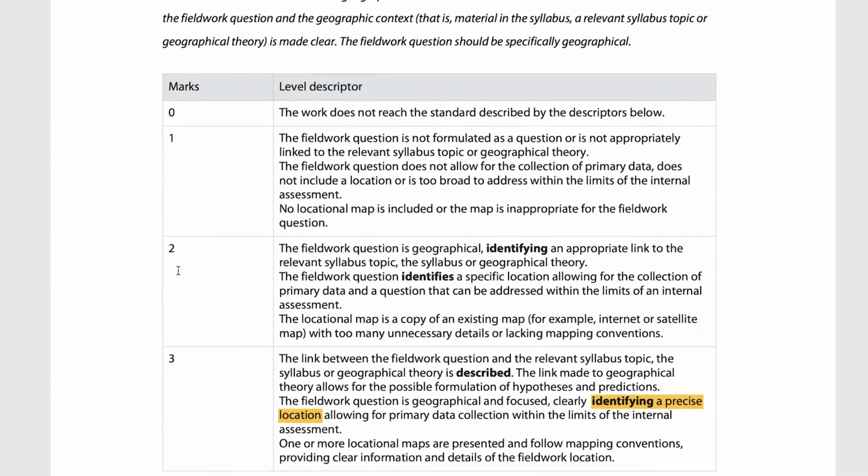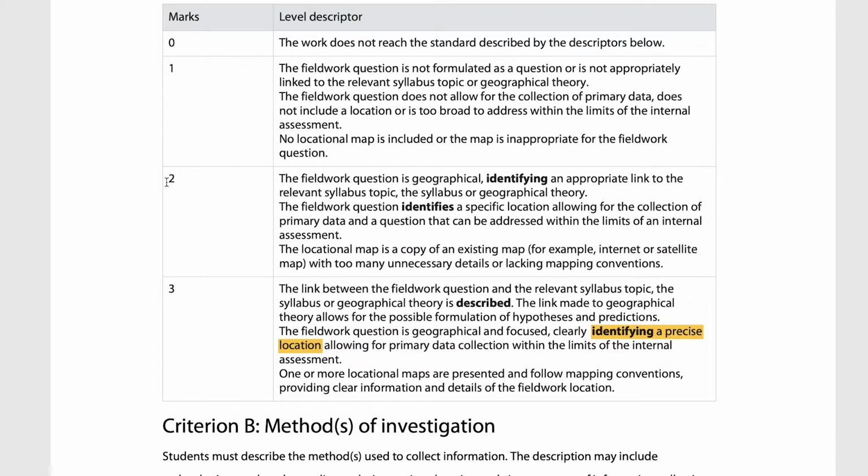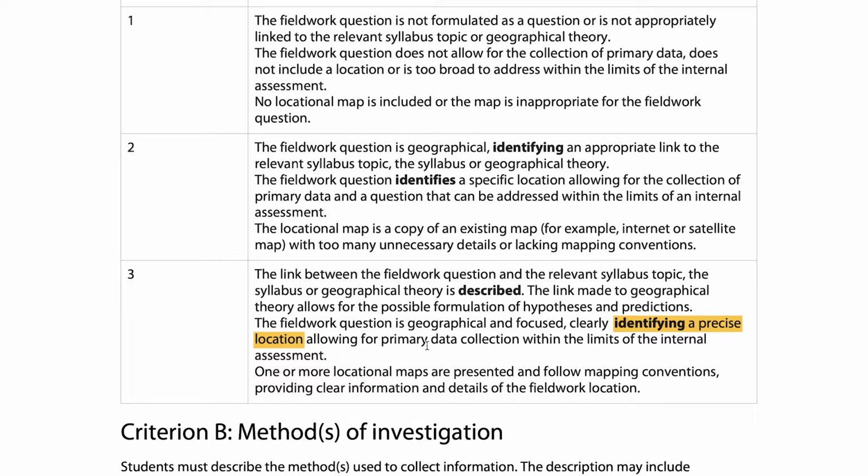So if we keep going, we can see that the difference between the second highest and the highest mark band is mostly related to identifying a precise location. But we'll also keep reading through the whole of the third criteria just so you understand what you need to do. So it says the link between the fieldwork question and the relevant syllabus topic, the syllabus or geographical theory is described.